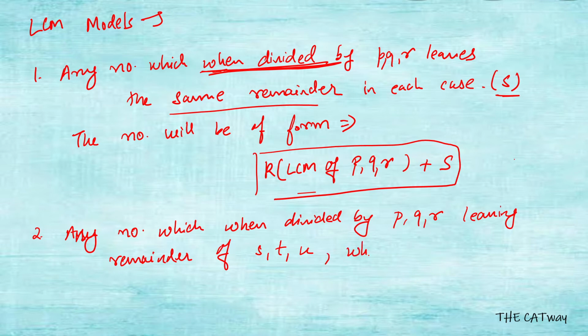But what is going to happen is P minus S is equal to Q minus T is equal to R minus U, and all of them are equal to V.